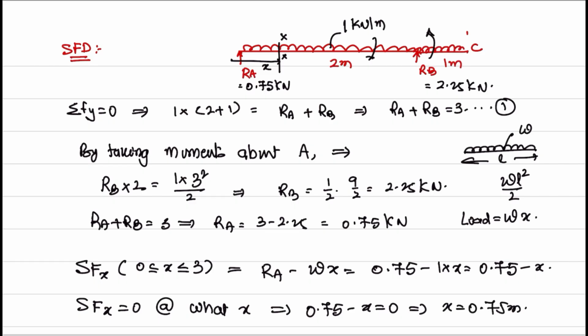At 0.75 meters, my shear force is becoming 0. That means shear force at x equal to 0 is 0.75 kilonewtons, and shear force at x equal to 0.75 is 0.